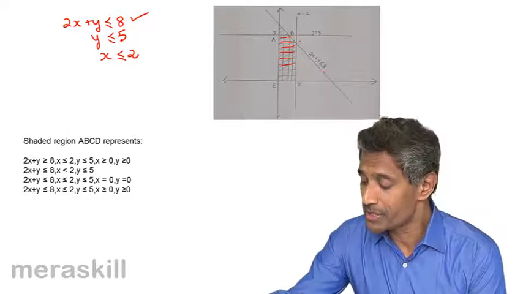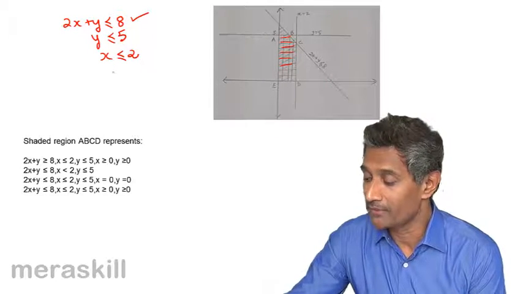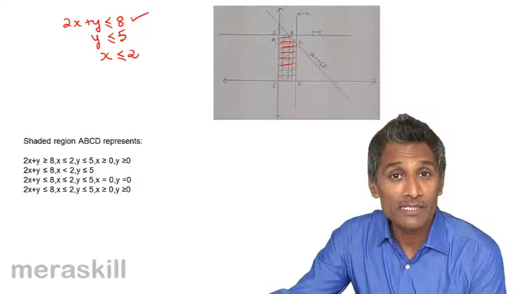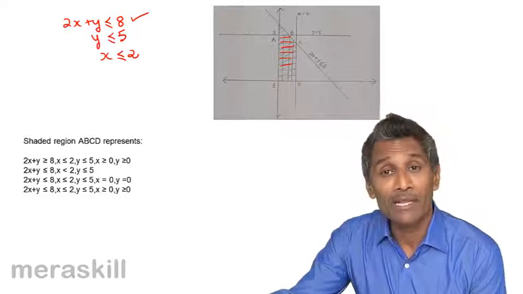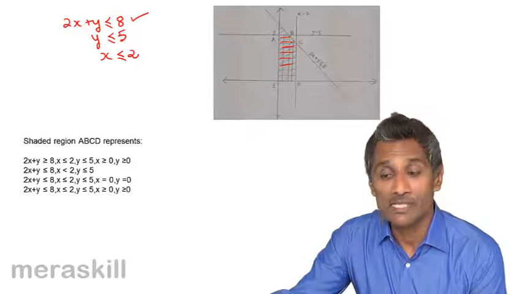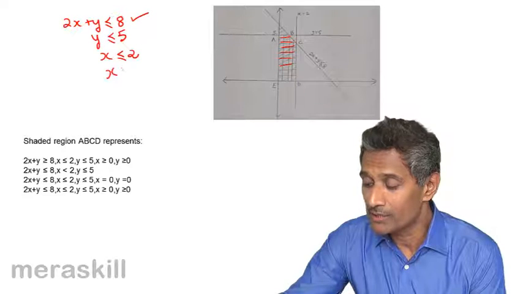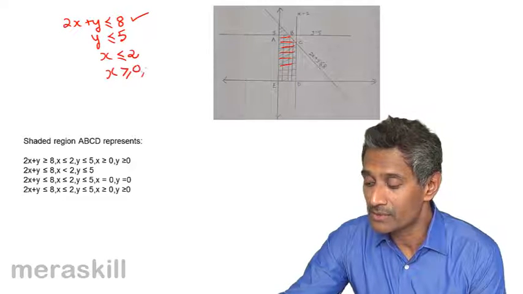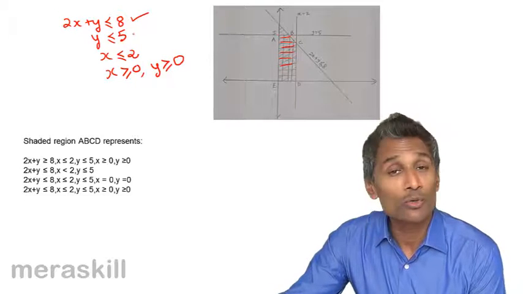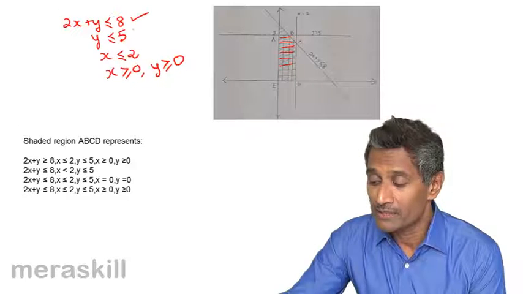And the most important thing we have here is that again this region is in the first quadrant, where the values have to be either positive or 0. So it has to include x is greater than or equal to 0, and y is greater than or equal to 0. So if you look at the signs that are formed, it is a combination.